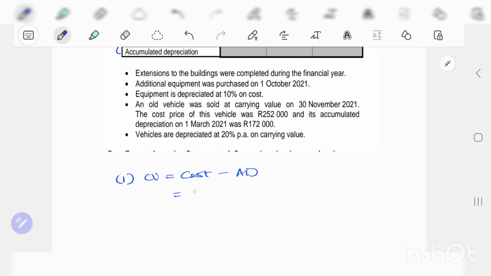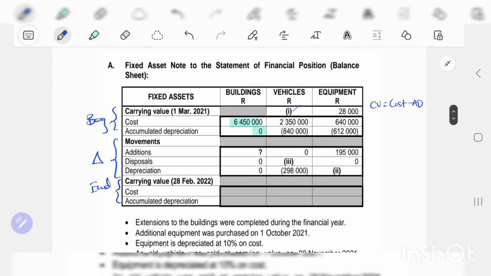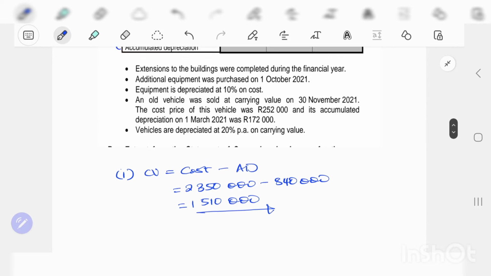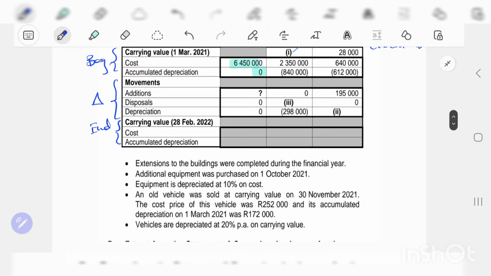The cost is 2,350,000, minus 840,000, which is the accumulated depreciation, and this is going to give us 1,510,000. So this is the carrying value of vehicles at the beginning of the year, which is 1 March 2021.